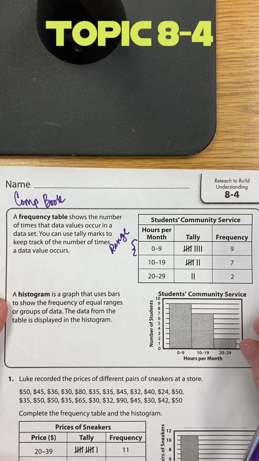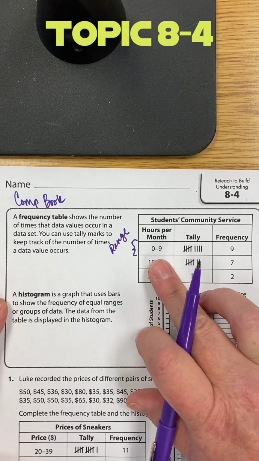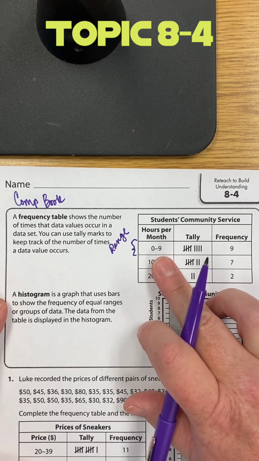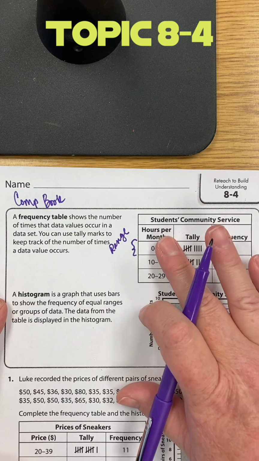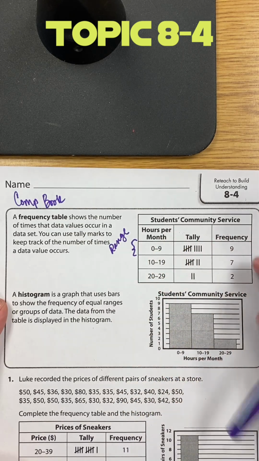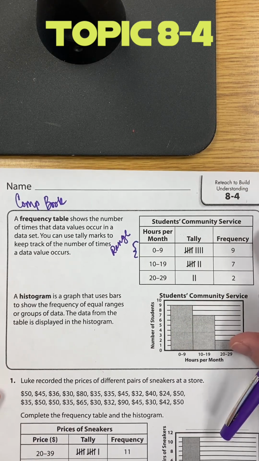So I want this to look like kids are doing 0 to 9, but maybe I want that to look not so compelling. And so I could go by 5s, and maybe this is 0 to 5, 6 to 10, 11 to 15, 16 to 20, and spread this out a little bit more. Just depends on what my purpose is.